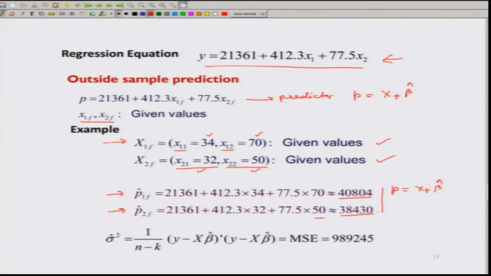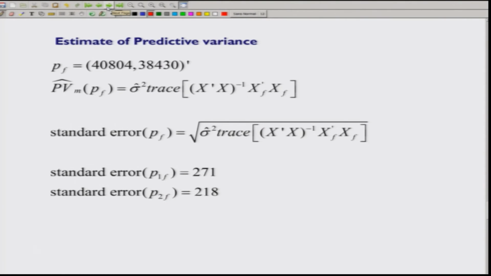Now, the value of sigma square we have obtained directly from the analysis of variance table that we had obtained in the software. So, based on that we have two values of the predictor, and we calculate their standard errors.